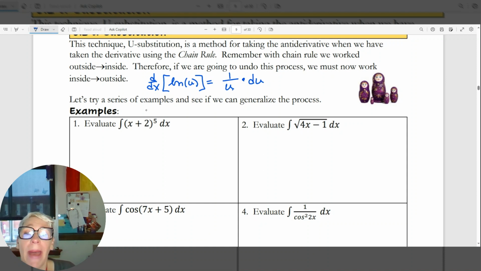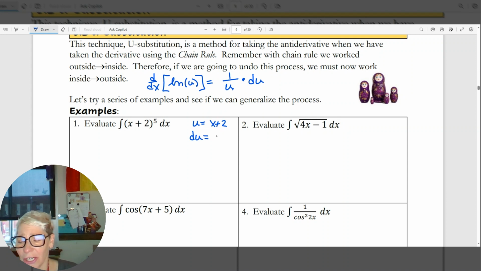We're doing this backwards. So that means our thing that was inside, that inside expression, is going to be what we call u. And then we're going to be looking for the derivative of that u.